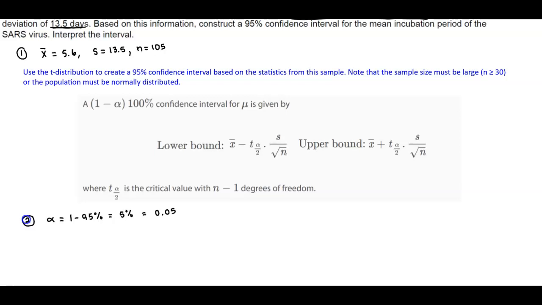Then we need to divide alpha by 2. So 0.05 divided by 2 gives us 0.025. Recall that we're looking for the area to the right.